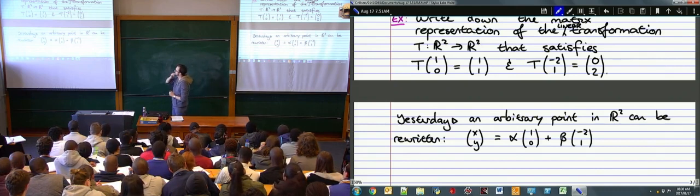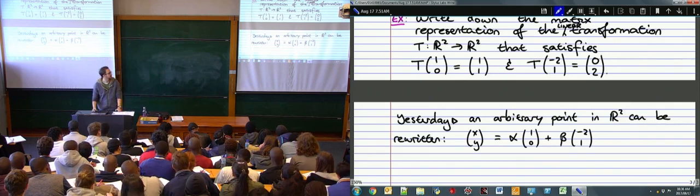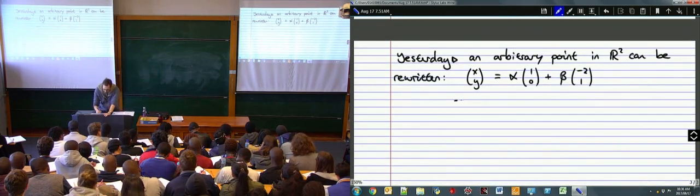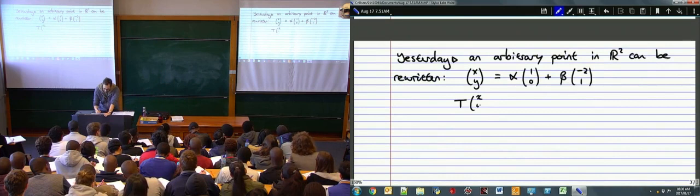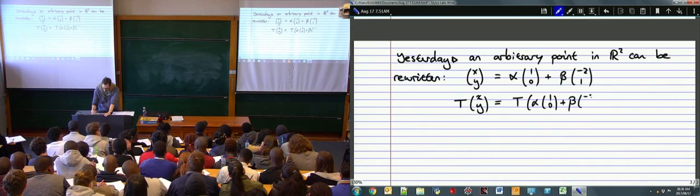So if you want to know how this arbitrary vector xy transforms, well, it's transformed in the same way that alpha times 1, 0 plus beta times minus 2, 1 is transformed.